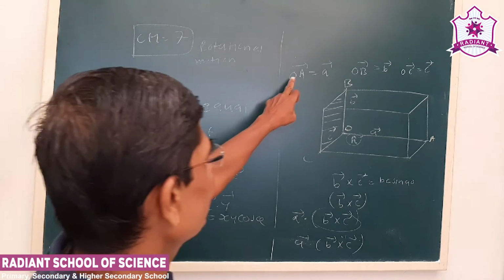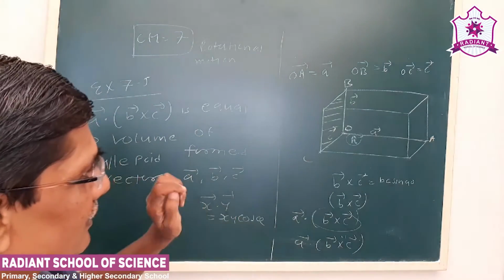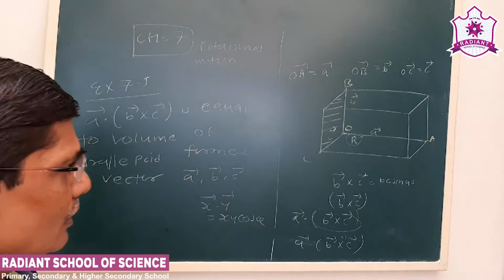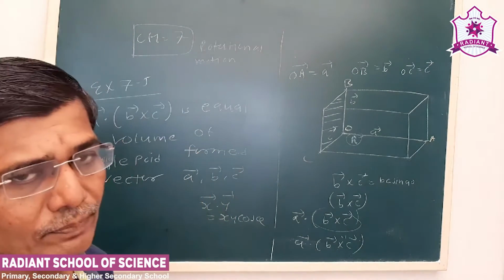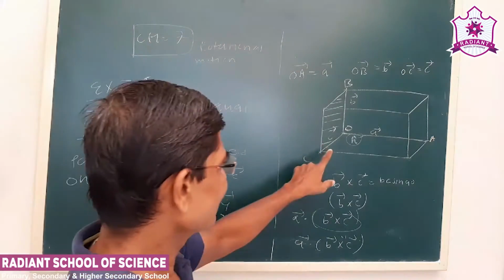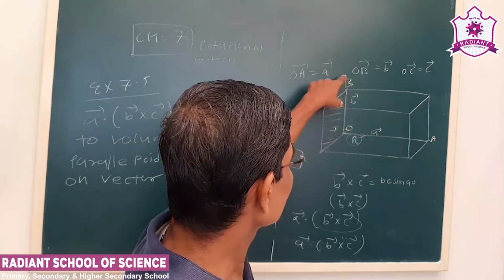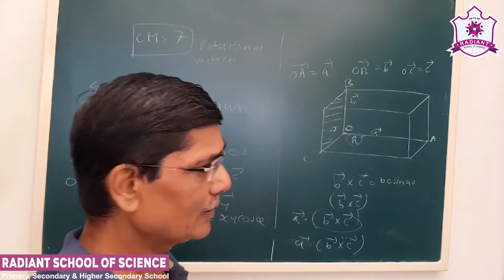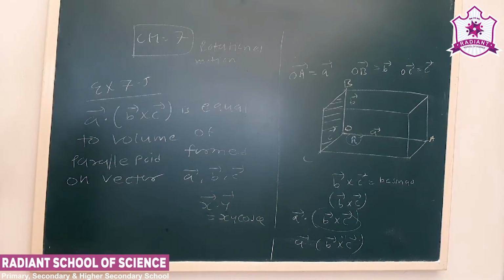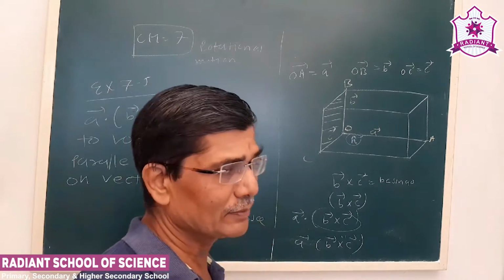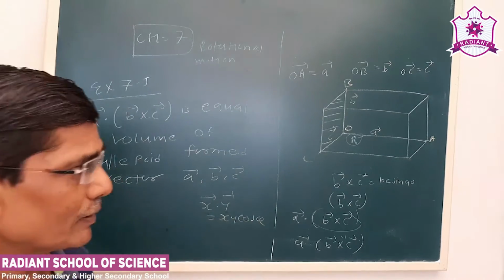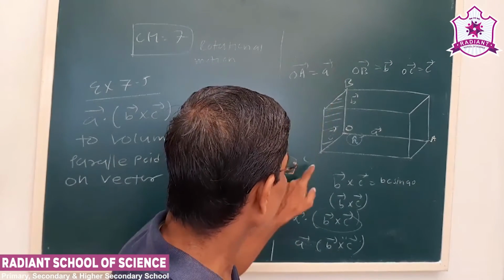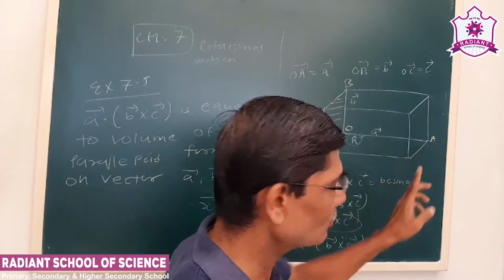What we have considered: OA is vector A, OB is vector B, OC is vector C. What we have done, see, we have first performed the vector product of B and C, that is OB and OC. The resultant of OB and OC, that is a property of the vector product, will be perpendicular to the plane formed by vectors B and C. This will be in the OA direction.